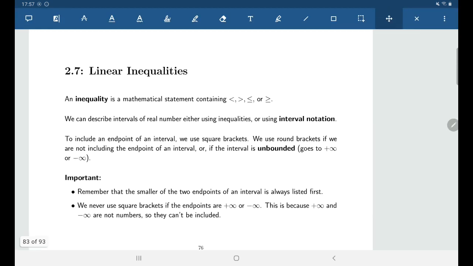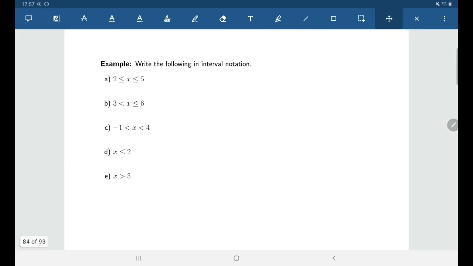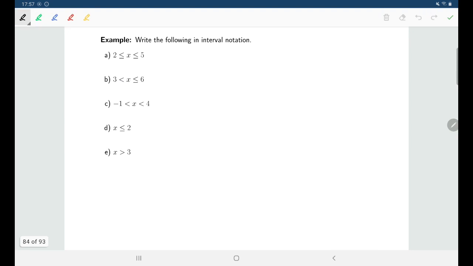So here are some examples of me writing things in interval notation. For a, these are all the values of x that are between 2 and 5, including the 2 and including the 5. So this would be the interval from 2 up to 5, including the 2, including the 5. Notice that for interval notation, we always write the interval in order from smaller value to larger value.